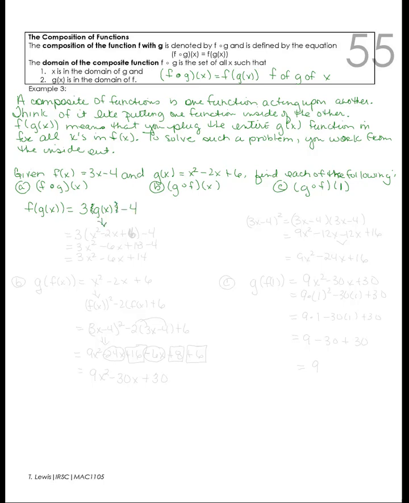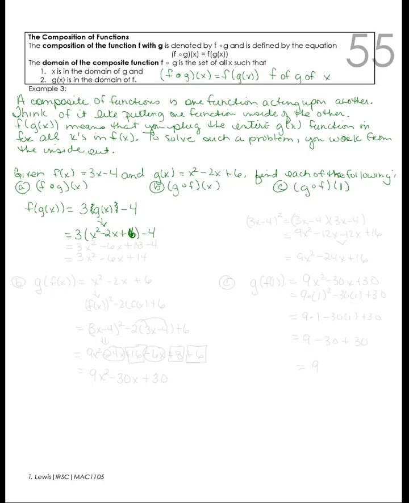So that g of x, that function, you're saying 3 times x squared minus 2x plus 6, and then we simplify. Oh, I said 6. Where am I getting 4 from? Oh, wait. Okay, plus 6 minus 4. Thank you. All right, there we go.